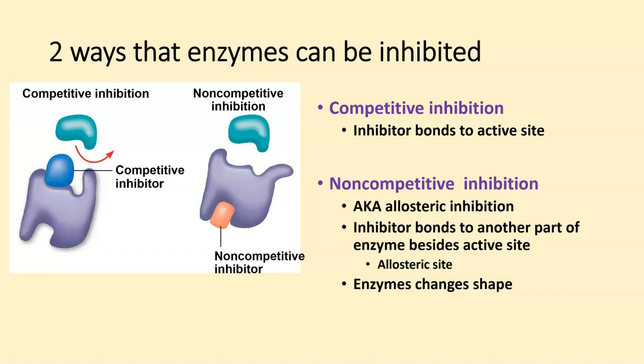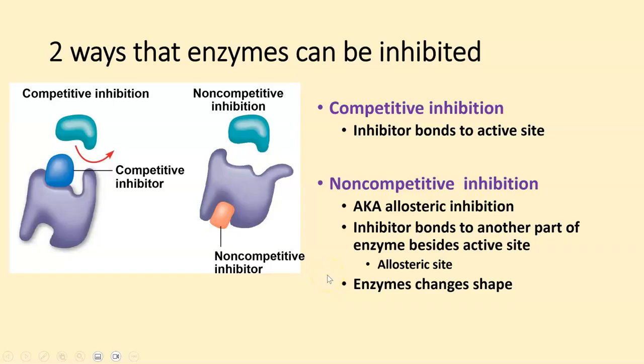So another term for non-competitive inhibition is allosteric inhibition, because the site where the non-competitive inhibitor binds is also known as the allosteric site. So be sure you understand the different terminologies that are used in these scenarios. And with that, we've finished the lesson on enzymes and also all of the lessons for Chapter 6.